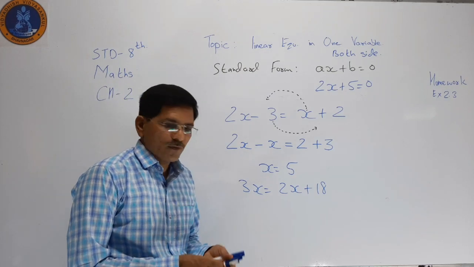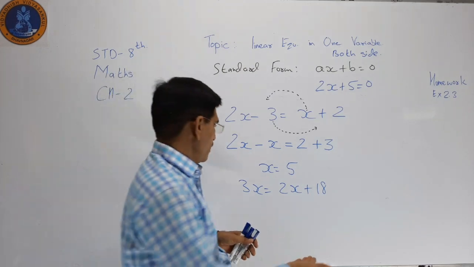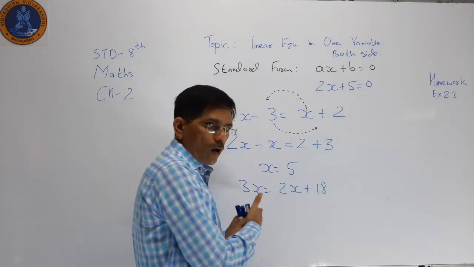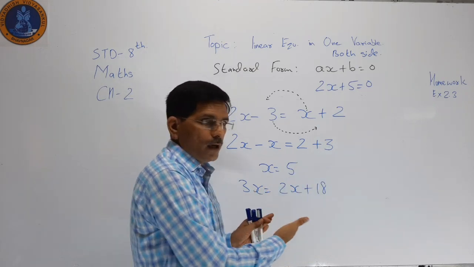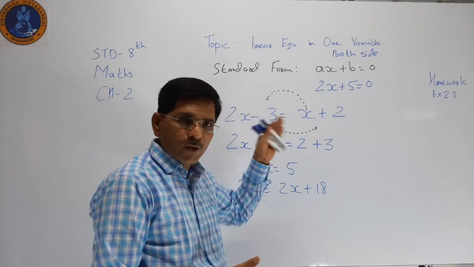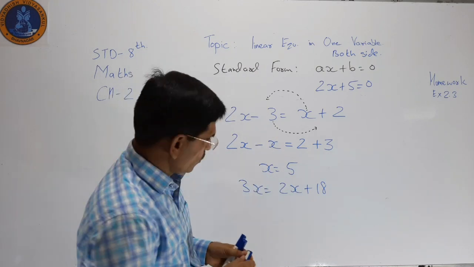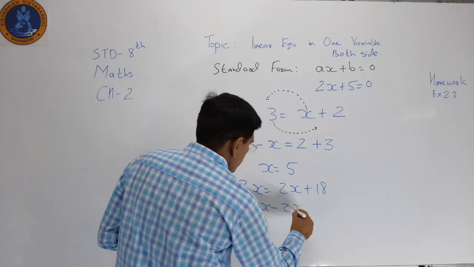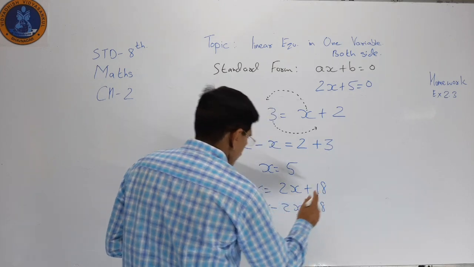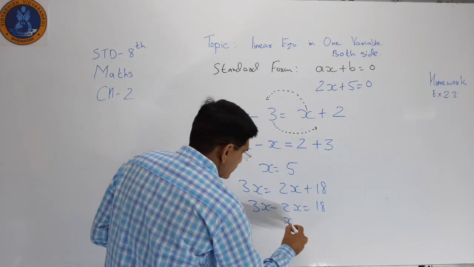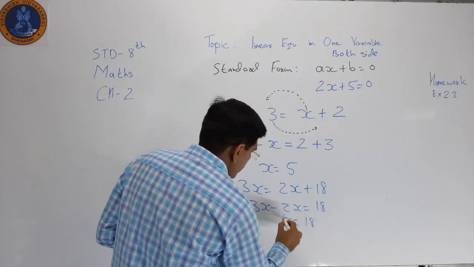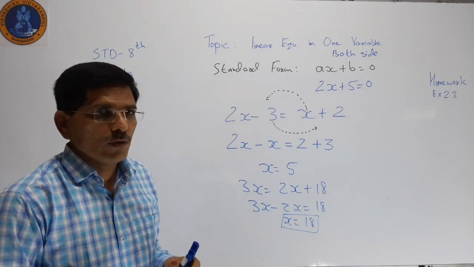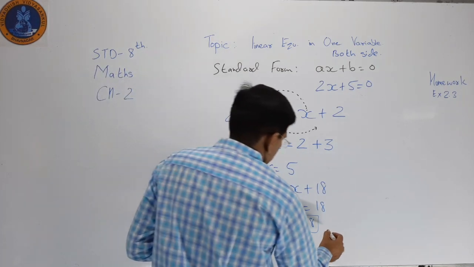Again, what we have planned is that the variable must be moved from right to left. So 3x minus 2x is equal to 18. 3x minus 2x, that is x. X is equal to 18 is the answer.